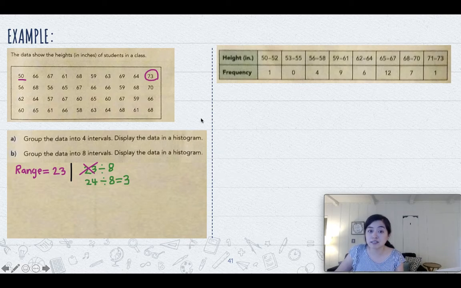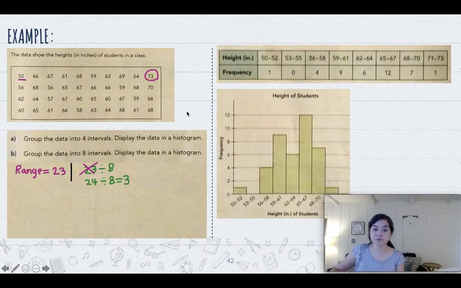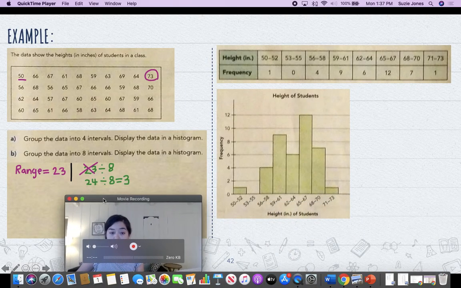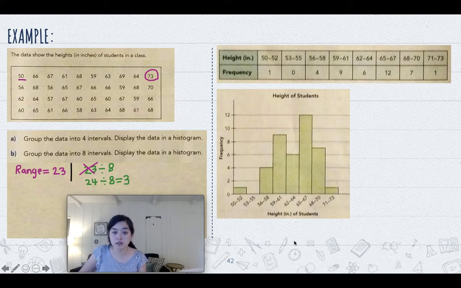And let's represent this on a histogram. Ta-da, here it is. Let me just move my piece over here. Notice here, I see there's a gap. Remember I said there shouldn't be a gap because the data is continuous? It is. This shows a continuous piece of data.